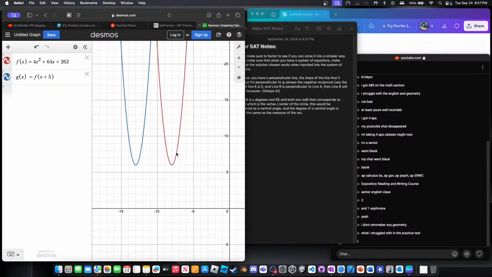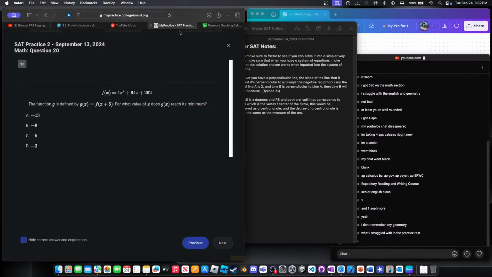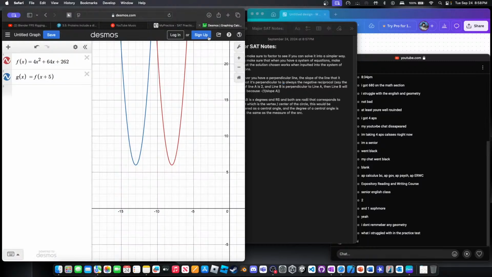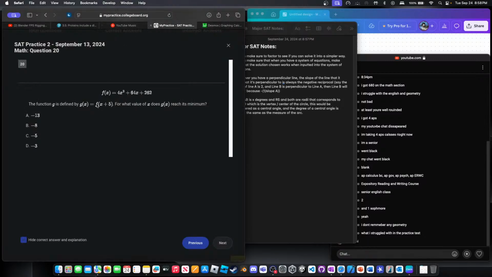The reason why, if you guys don't understand, is because g of x is literally just a shift of 5 to the left from f of x. So negative 8 minus 5 is negative 13. So that's why g of x reaches its minimum at 13.